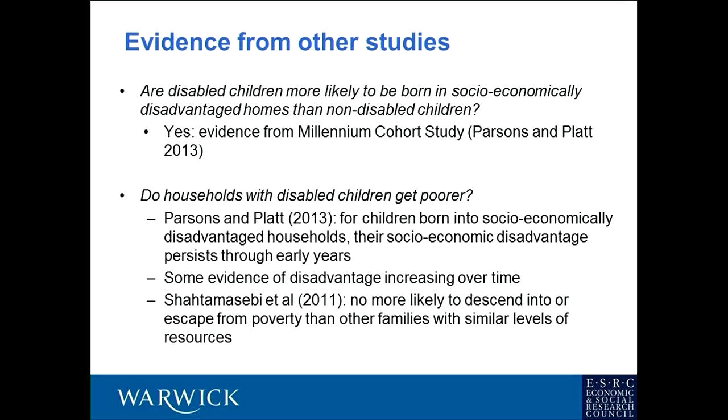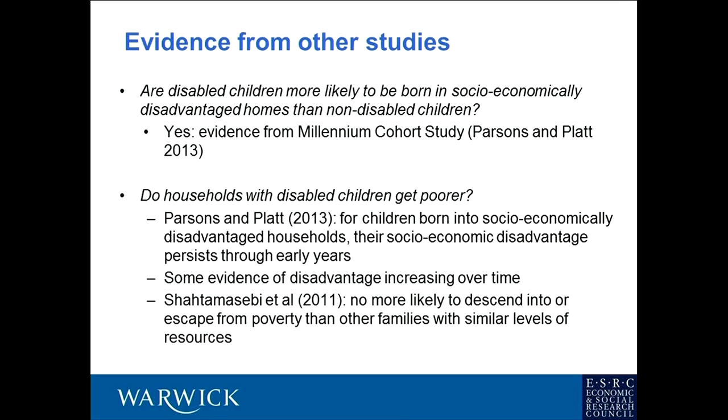There is some evidence from the Millennium Cohort study that for disabled children who are born into socioeconomically disadvantaged households, their socioeconomic disadvantage persists throughout the early years of their childhood. And they also suggest that there's some evidence of their socioeconomic disadvantage increasing over time.